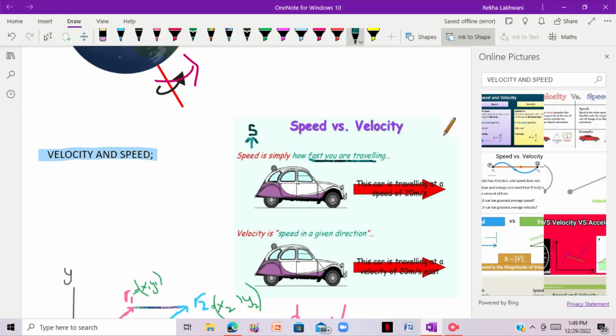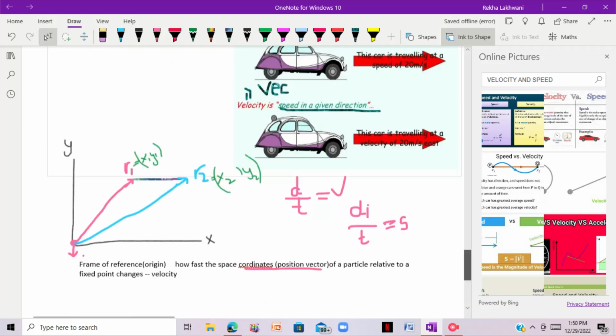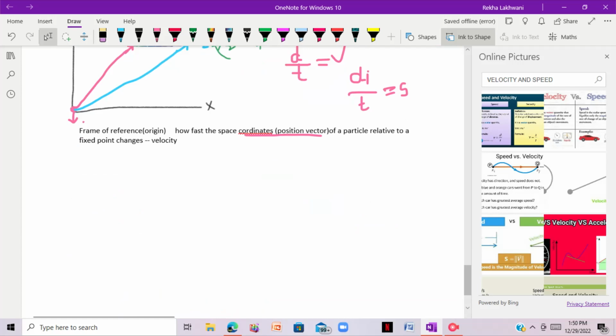Now let's talk about average velocity. Now, what is average velocity?